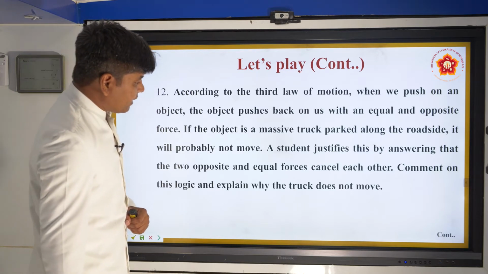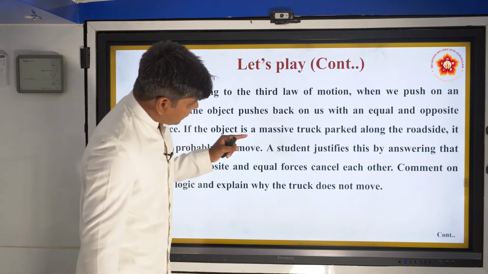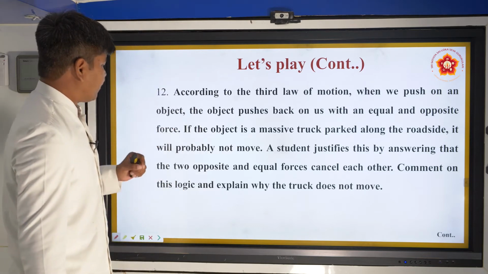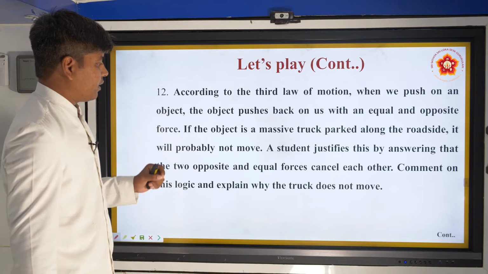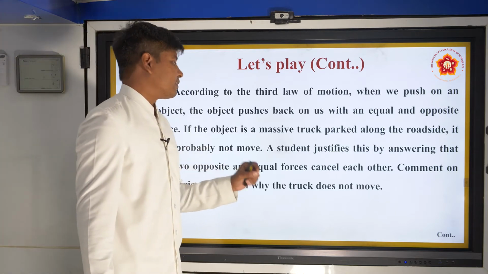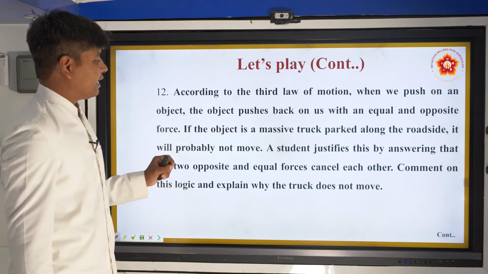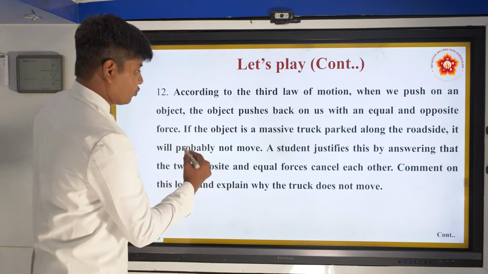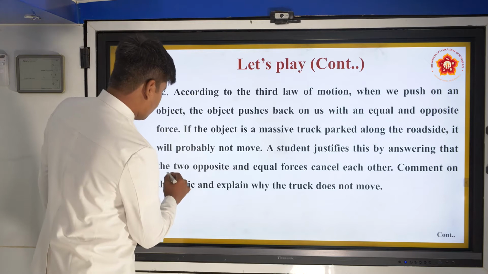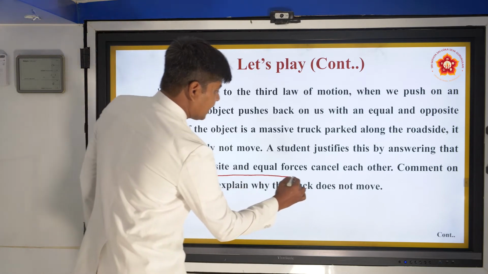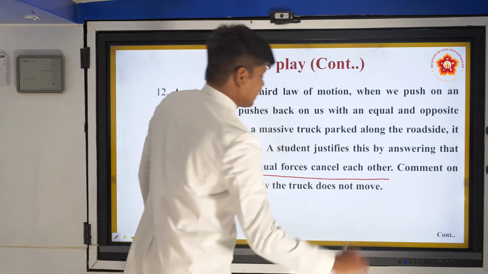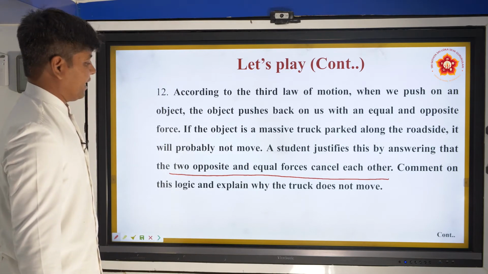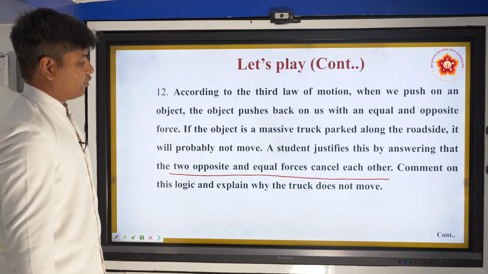If the object is a massive truck parked along the roadside, it will probably not move. A student justifies this by answering that two opposite and equal forces cancel each other. Comment on this logic and explain why the truck does not move.